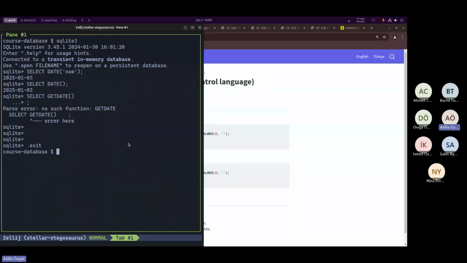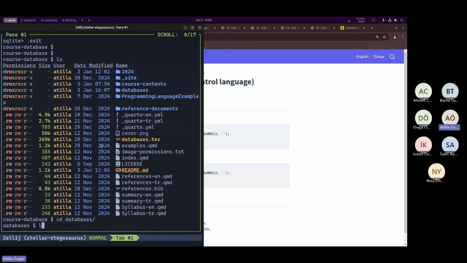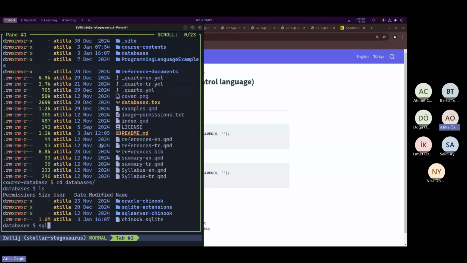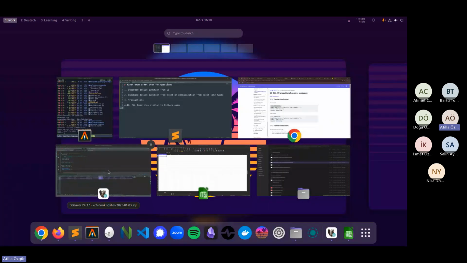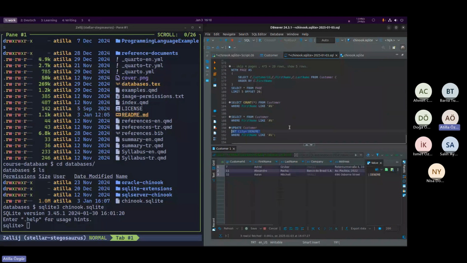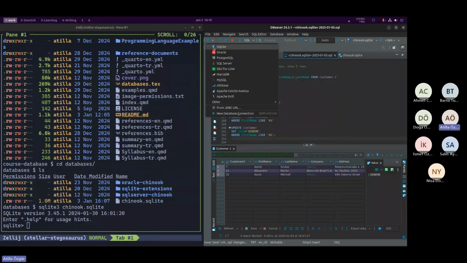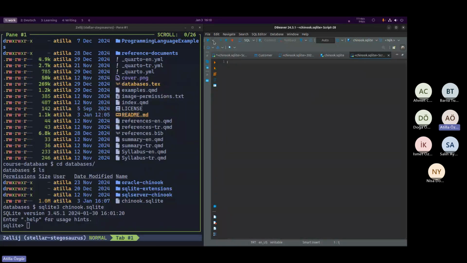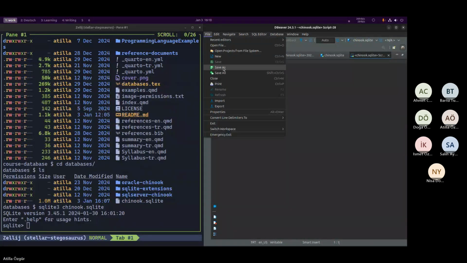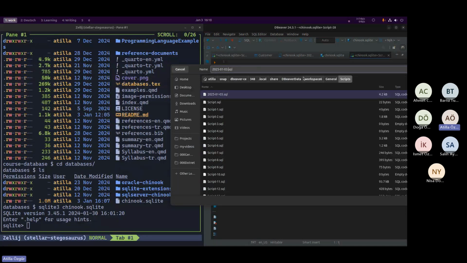First of all, cd databases, go to this one, and let's say sqlite3 Chinook.sqlite, okay? And also let me show this here. And let me open a new SQL editor, new SQL script file, save as this one, and let me write transaction here.